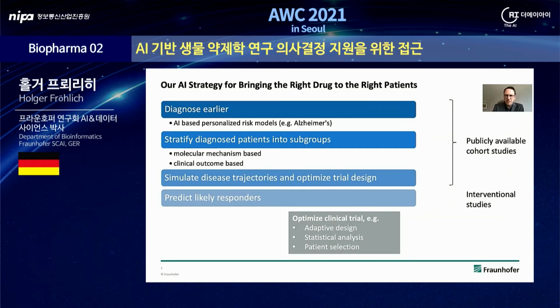The second step in our strategy is the AI-based stratification of diagnosed patients into sufficiently homogeneous disease subgroups. For that purpose, we consider molecular mechanisms as well as multiple clinical outcomes. Stratification of patients into subgroups can be utilized in the context of clinical trial design.